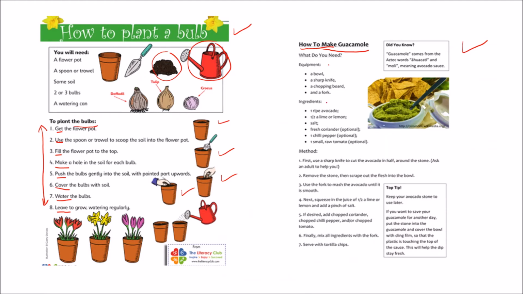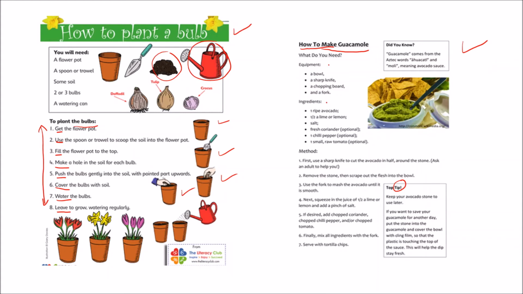They also give you, in this little box, "Did you know," some information about the word guacamole. At the end of the recipe, they give you a little tip. You can also use that in your instructional text.